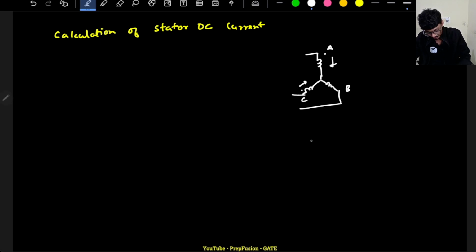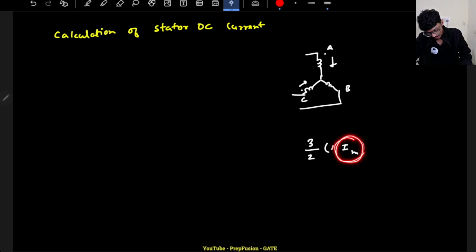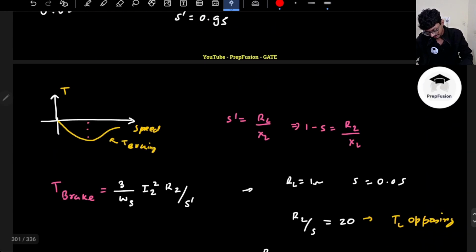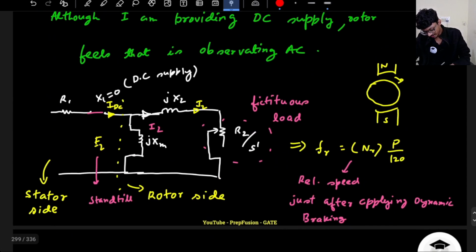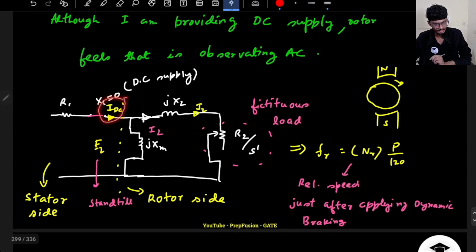If you remember, the MMF came out to be 3/2 into N, the number of turns, into IM. We already derived this at the start of induction motors. This is basically the MMF balance equation.